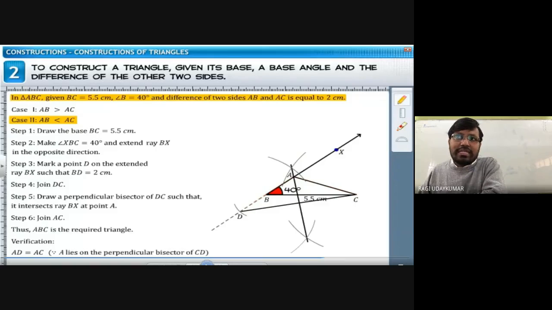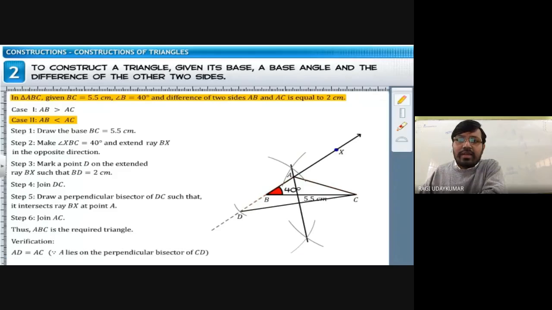That's why you can say AC length equals AD. So in the question AC minus AB is given, so AC minus AB means AD minus AB. AD length minus AB will give DB. We have constructed DB as 2 centimeters. This is the way to construct when AC minus AB is given to you.